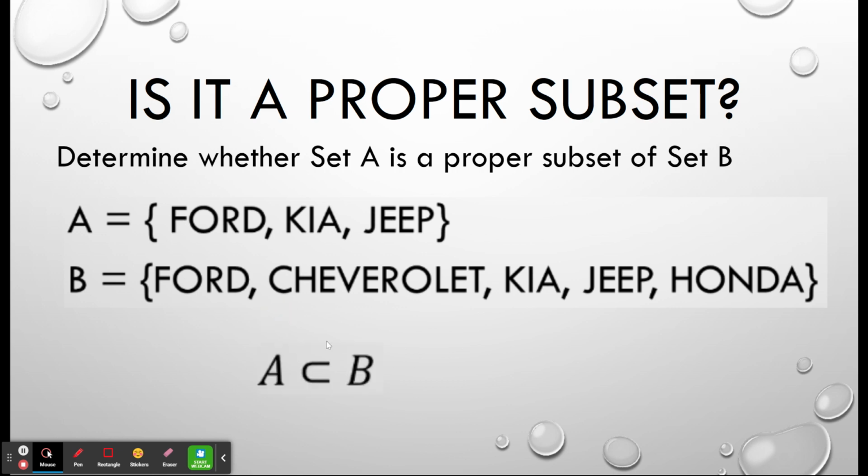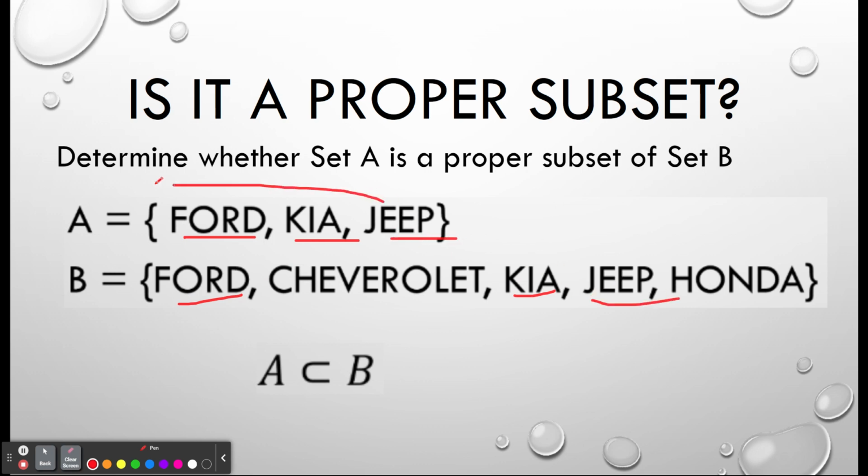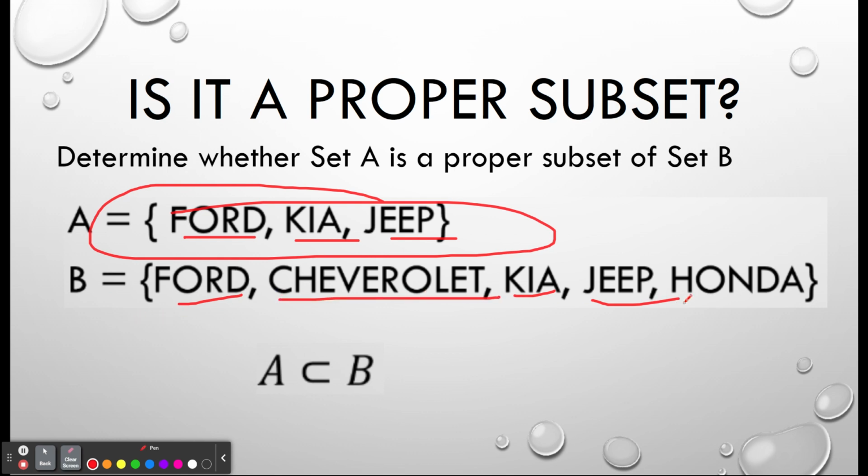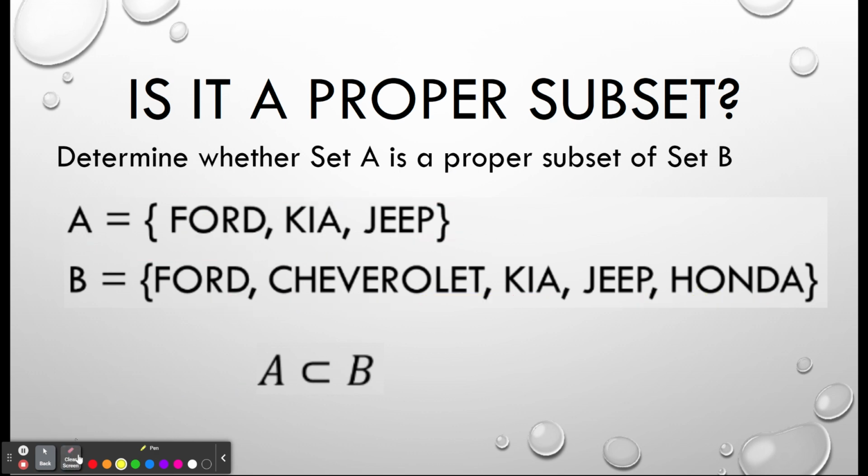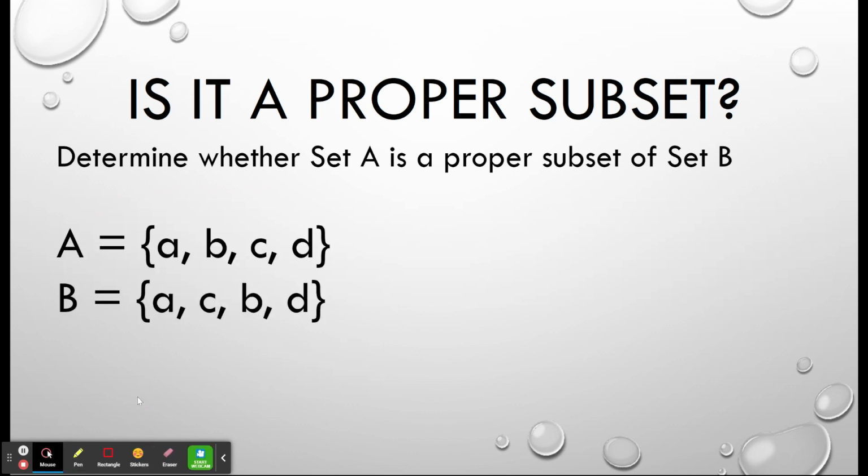This is a proper subset because we do have the Ford, the Kia, and the Jeep, so all of A is found in B, and B has a couple of other things. Let me try a different color. B has Chevrolet and Honda in addition. So that means it's a proper subset.